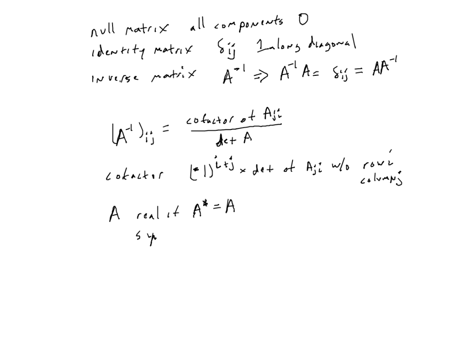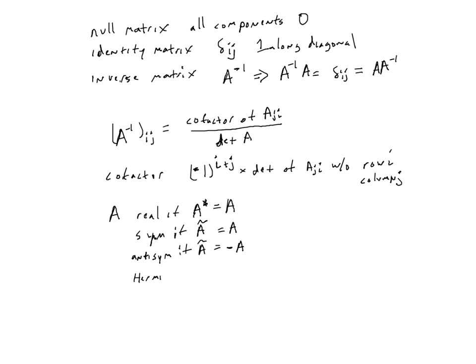You could say that it is symmetric if you take the matrix and you transpose it and you get itself back. It is anti-symmetric if you take the transpose and you end up getting minus the matrix.